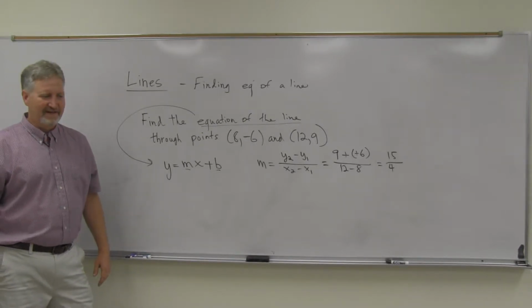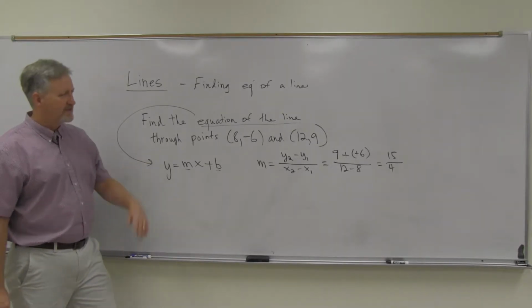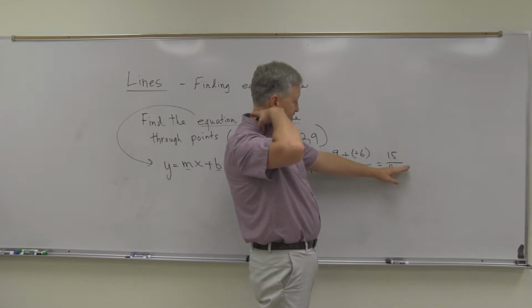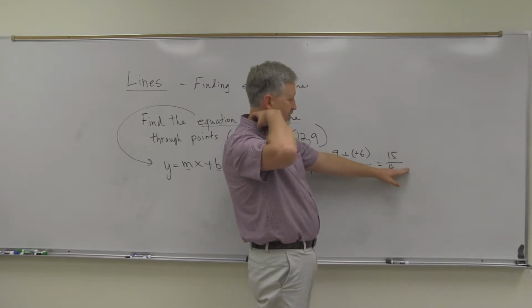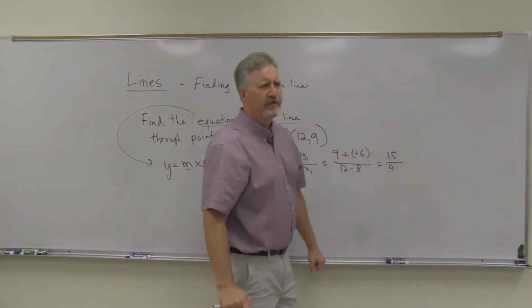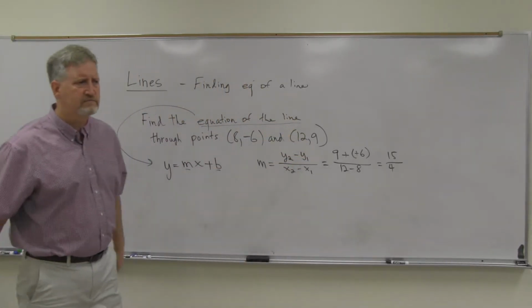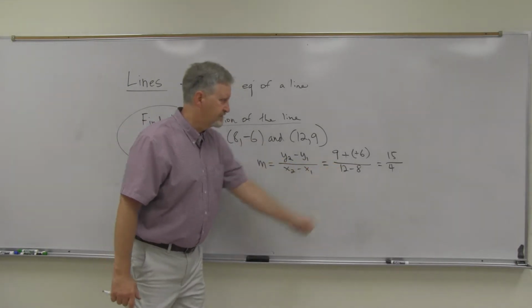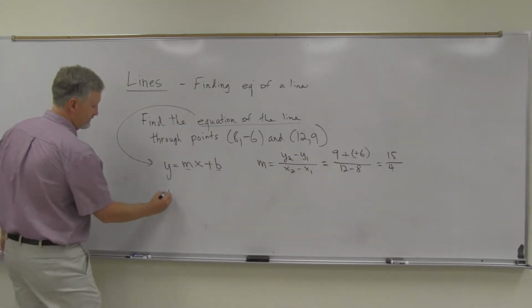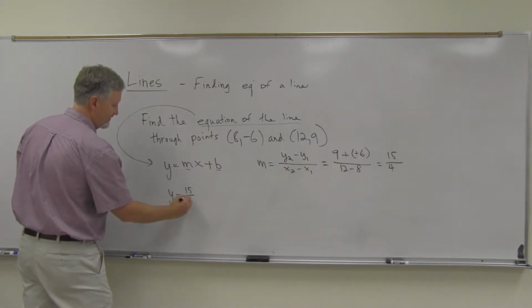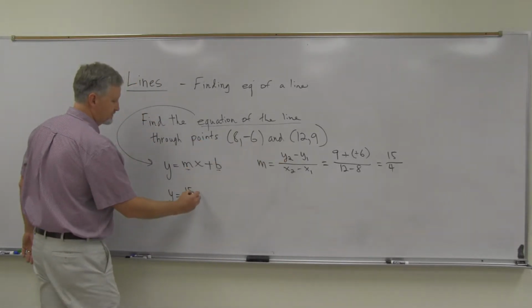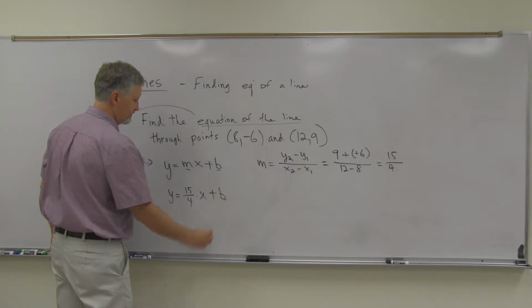They like the fractions, so let's just leave it. We could change that to the decimal equivalent, 3.75, and that would be fine in this case. The book will probably leave it as 15/4 for their answer, so let's deal with that here. So that goes in for the m, so it's 15/4 x plus b.